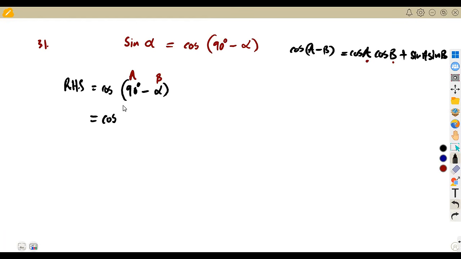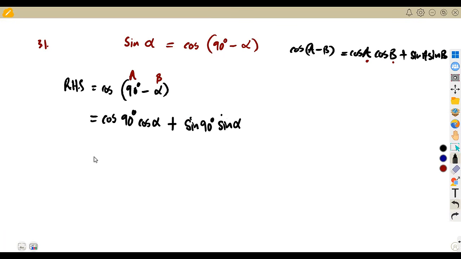So it will be the cos of 90 degrees, the cos of alpha, plus sine 90, sine alpha.